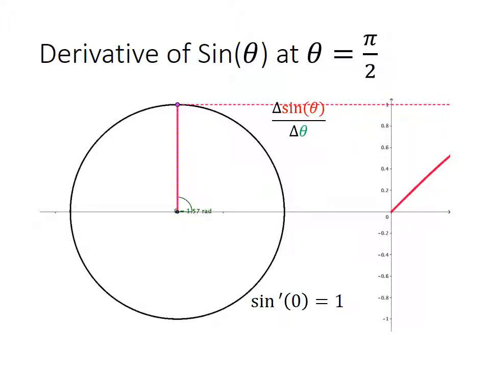As theta got closer to pi over 2 radians, the length of the opposite side of the triangle, the value of sine of theta, didn't really change. This tells us that the value of the derivative of sine of theta at pi over 2 radians is equal to 0.